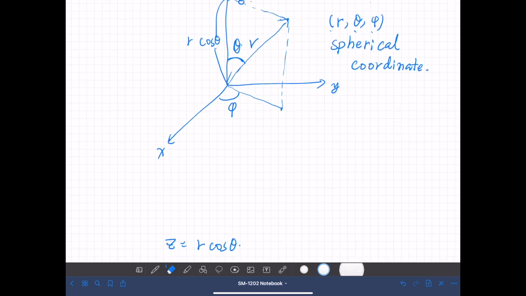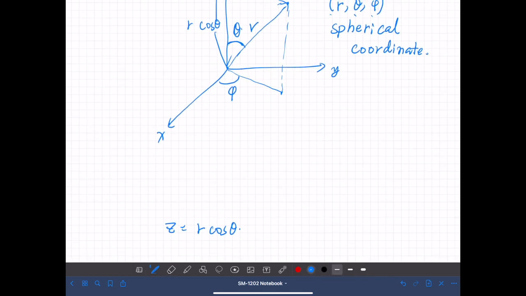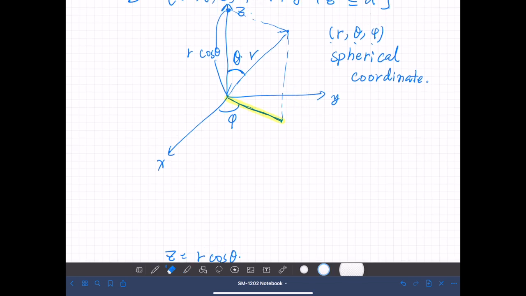Similarly, this yellow part is the projection of this vector from the origin onto the xy plane, and the length of this projected vector should be r sine theta.